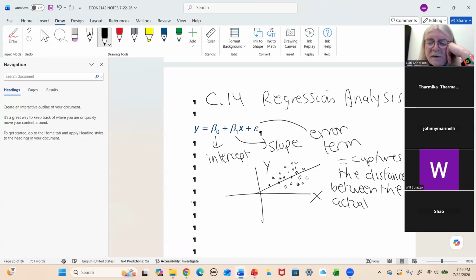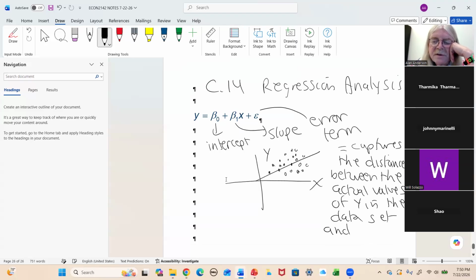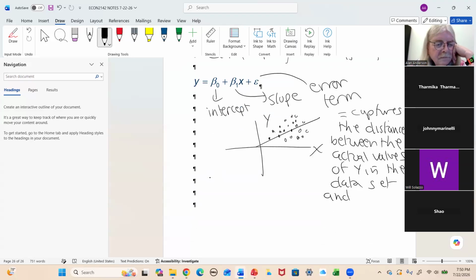actual values of y in the data set and the predicted values as represented by that trend line. So the line is a prediction. The dots are actual numbers.